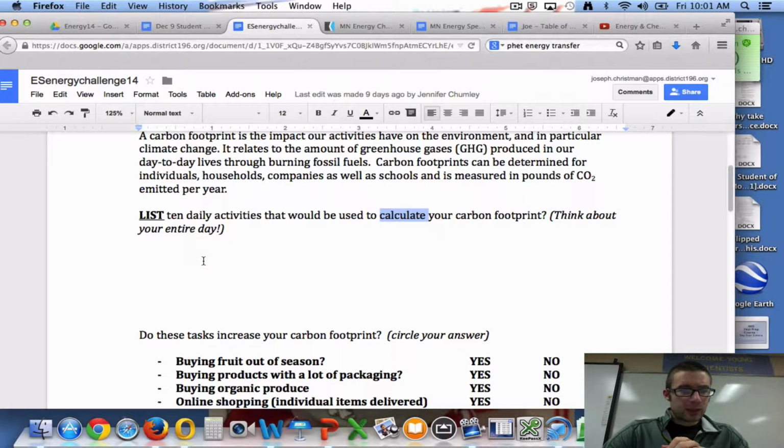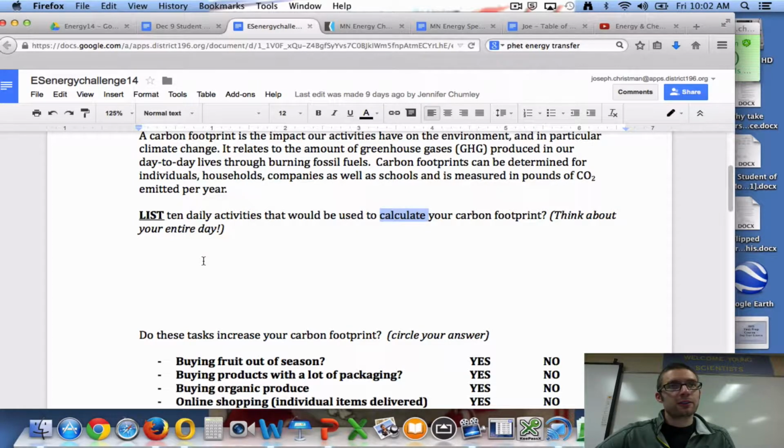Other things to kind of think about is things that maybe you don't do yourself, but because you buy these things or use these things, add to your carbon footprint. So going to the grocery store, let's say right now in the wintertime you want a watermelon. Well, pretty sure there isn't a farm in Minnesota growing watermelons. So those watermelons that are at the grocery store have to be shipped from faraway places, and it costs energy or adds CO2 to the atmosphere of burning fossil fuels to get those things here.